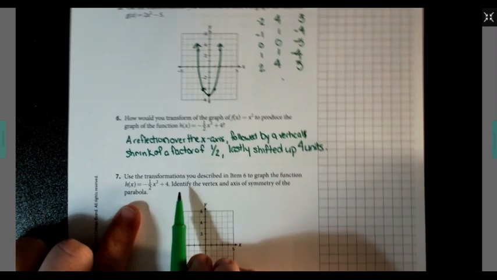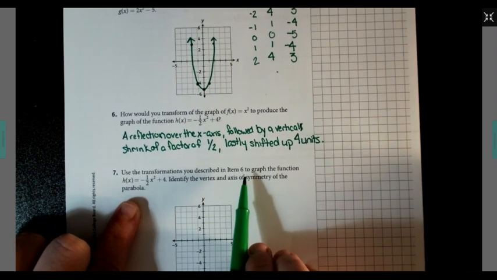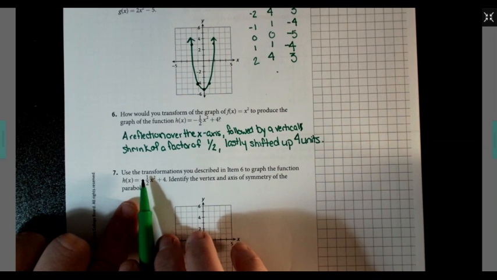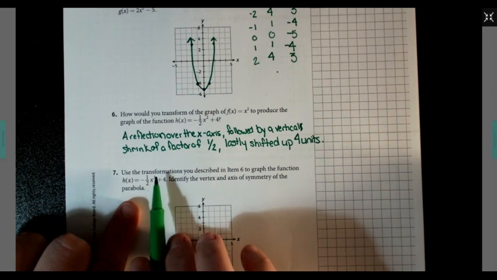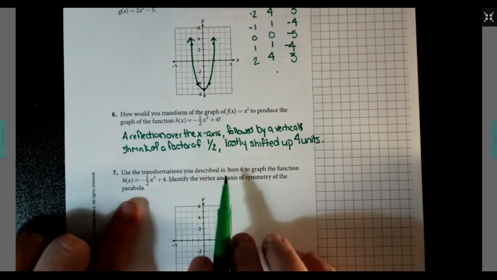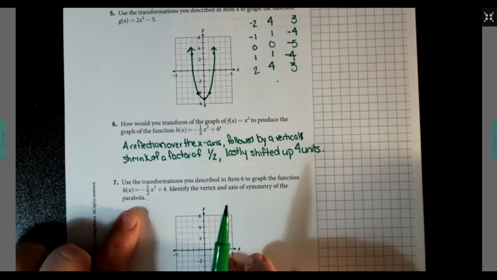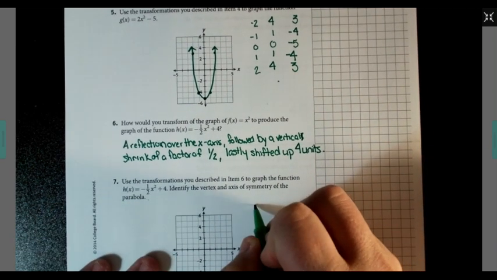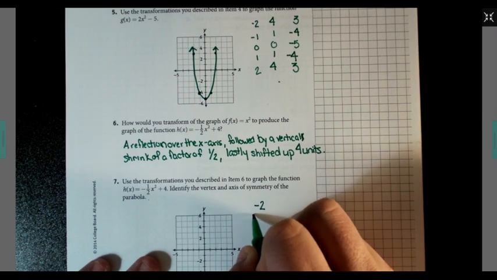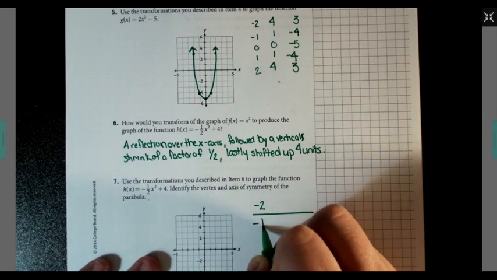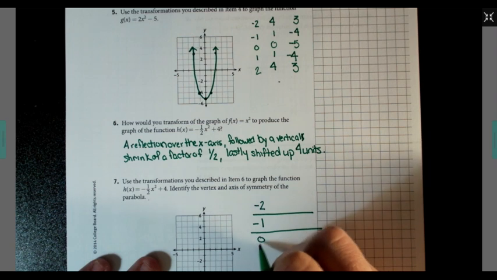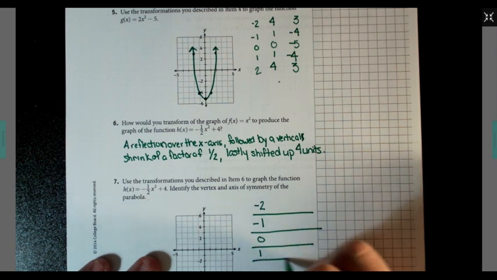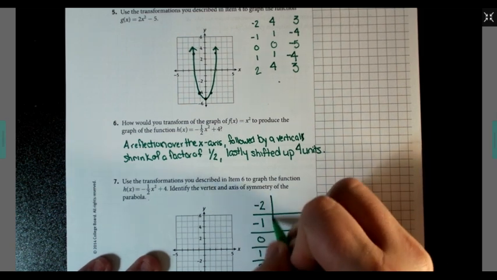Okay, use the transformation you described in item 6 to graph the function -1/2 x squared plus 4. Identify the vertex and axis of symmetry of the parabola. Okay, now remember it's -2, -1, 0, 1, 2.